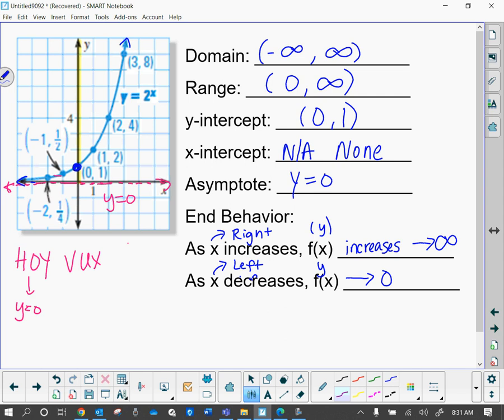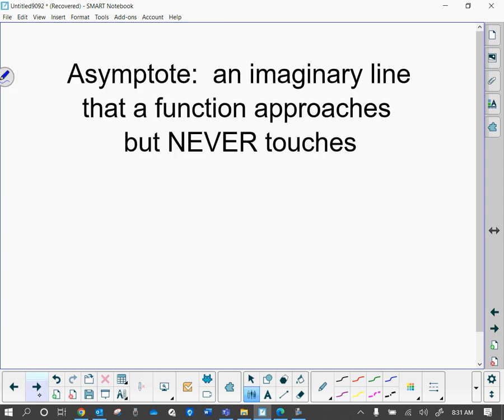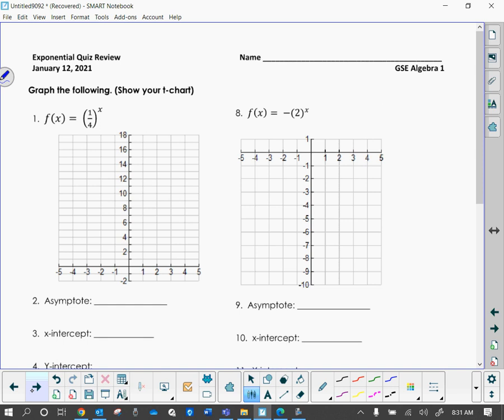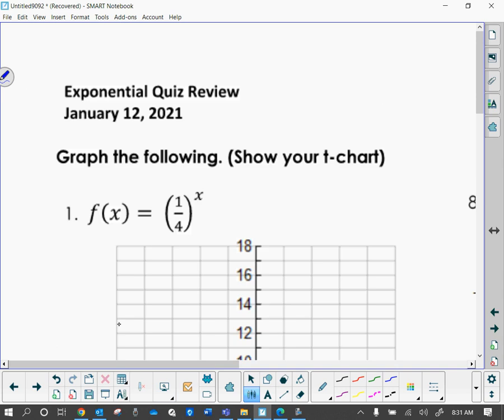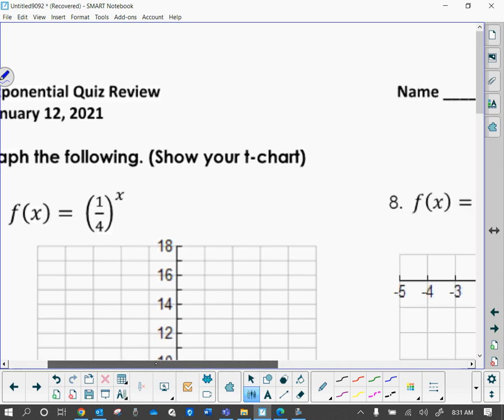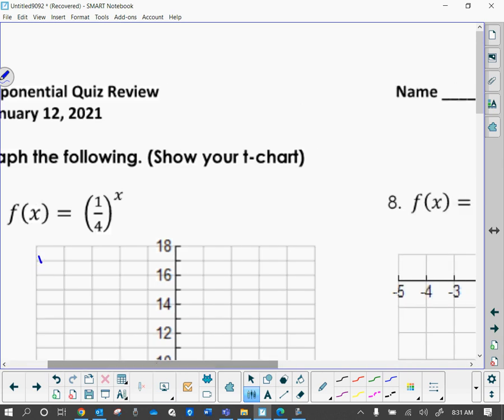Now look at your notes. Look at number 1. We have this function. It says f of x equals 1/4 to the x power. So what I'd like you to do, get your calculator, and I want you to make this graph.